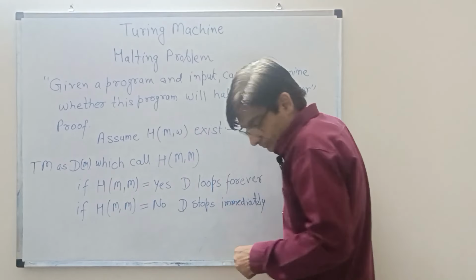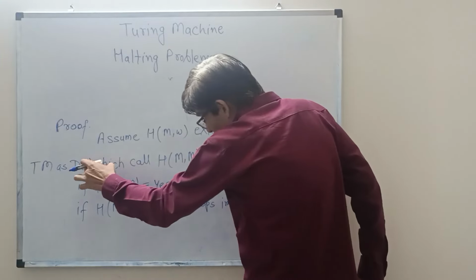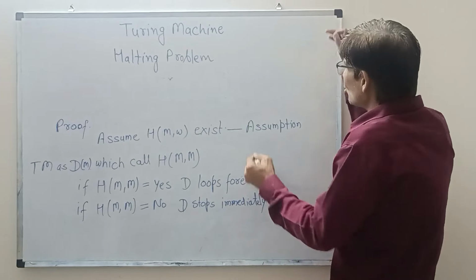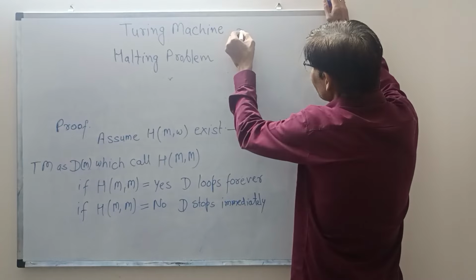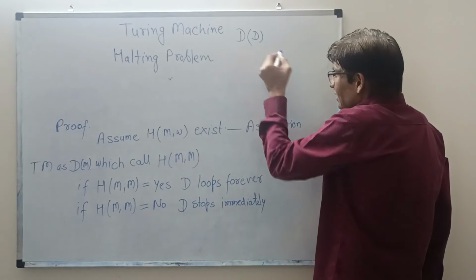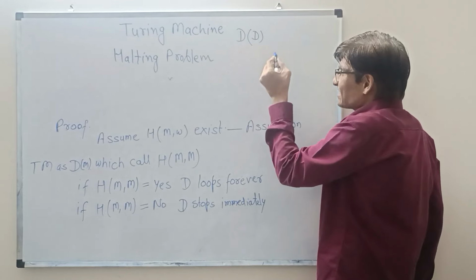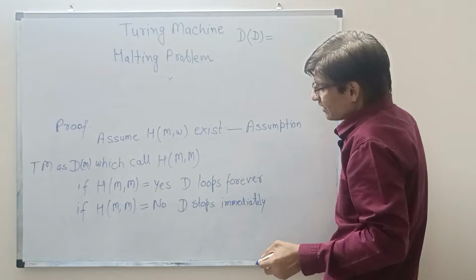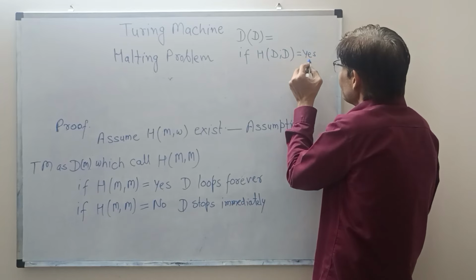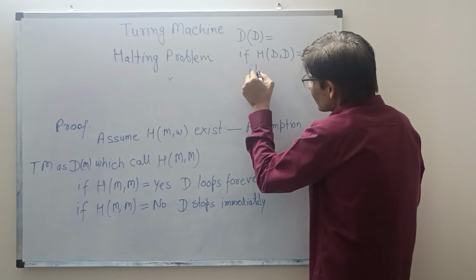Now after defining this Turing machine, we will run it on itself as input. So I will call D with input D itself. If we run this machine D on D, then if H(D, D) says yes, it loops forever.